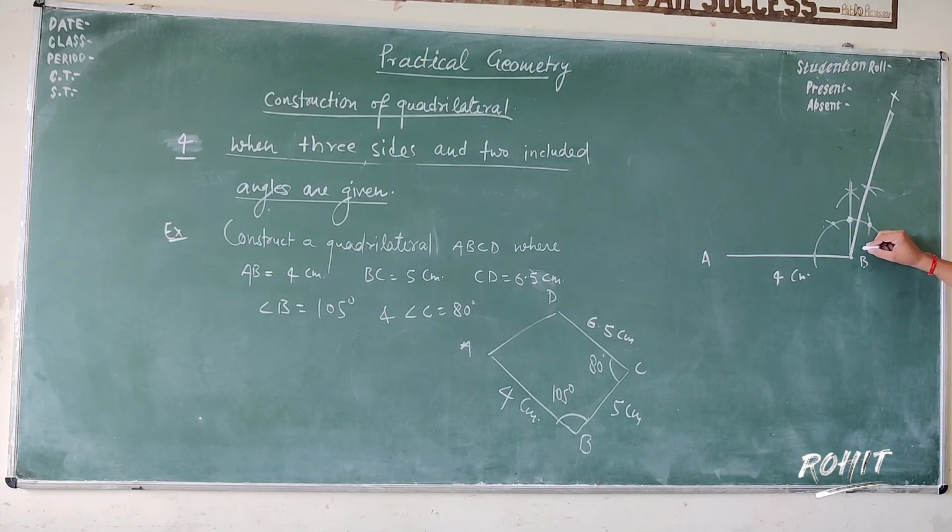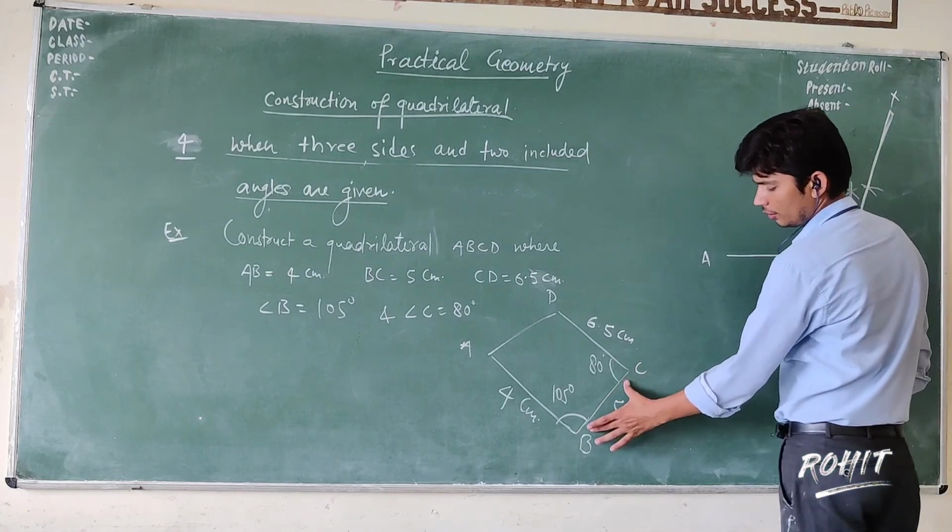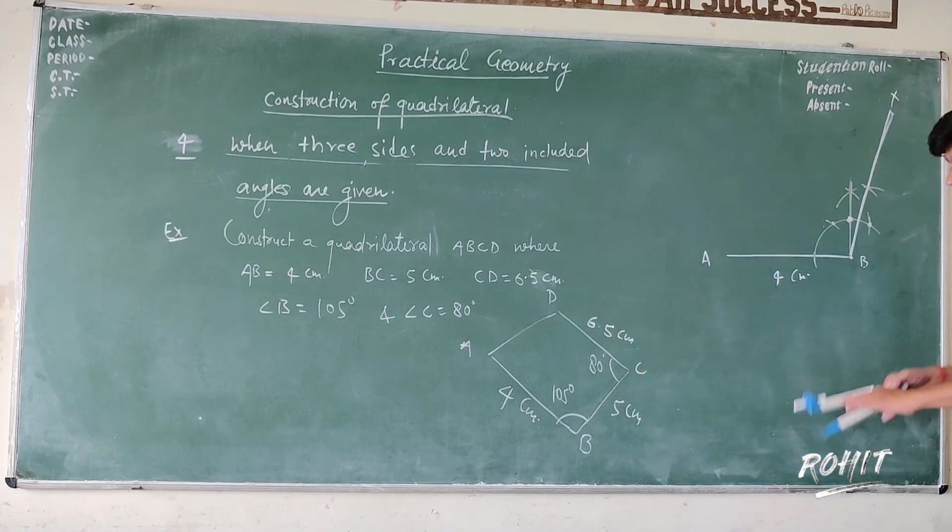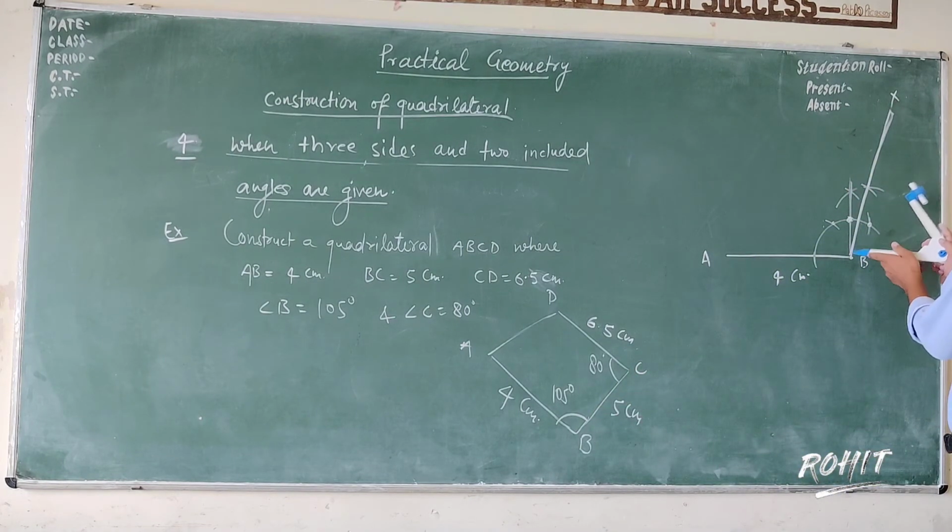Draw a ray BX. Now cut 5 cm line segment from BX. Take the length of 5 cm and here, this length is 5 cm. Right?